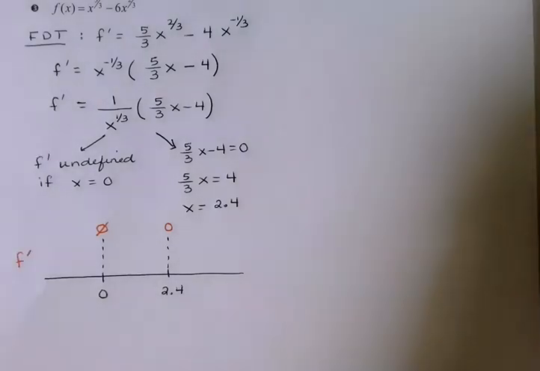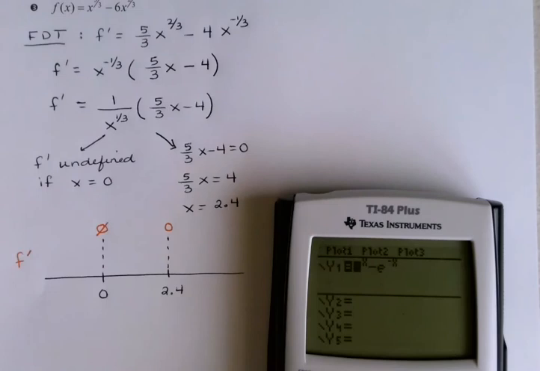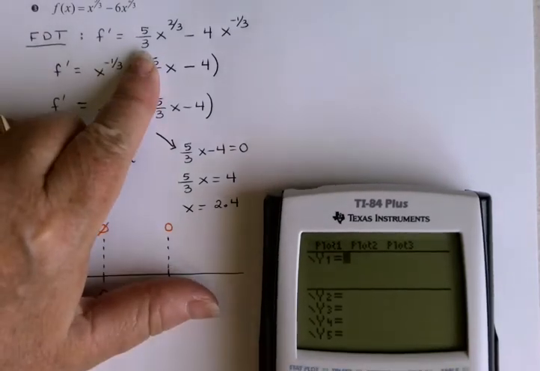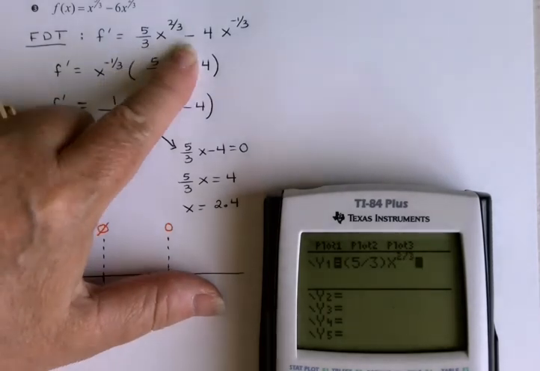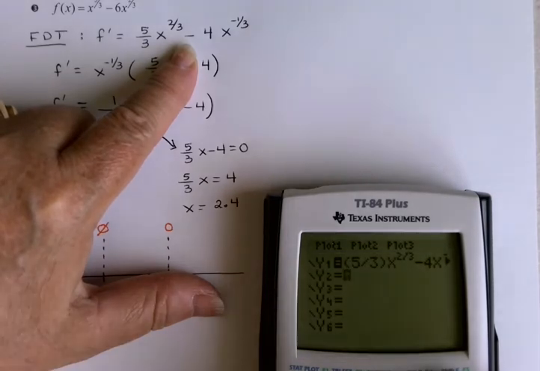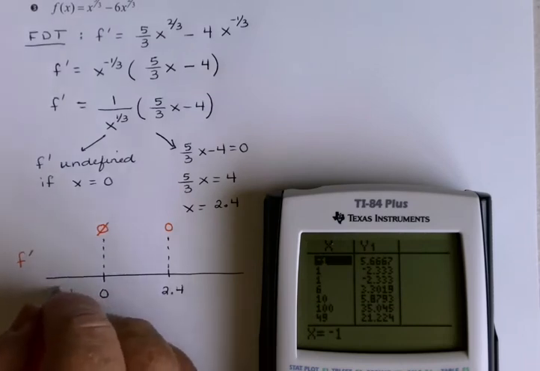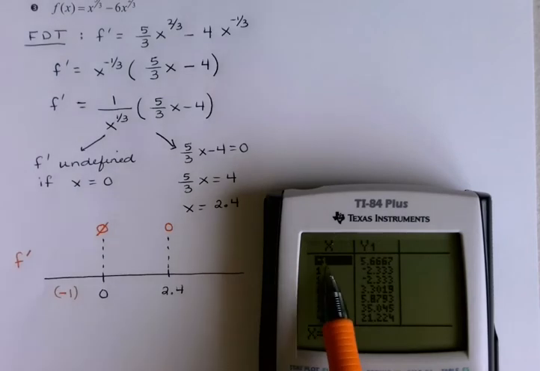All right, let's do our test. I'm going to put my first derivative into my calculator. I might as well just use this original one, that's fine. And go to my table. And I'm going to go ahead and choose anything to the left of 0 for a test value. Maybe -1 is fine. In fact, it's already here in my calculator.